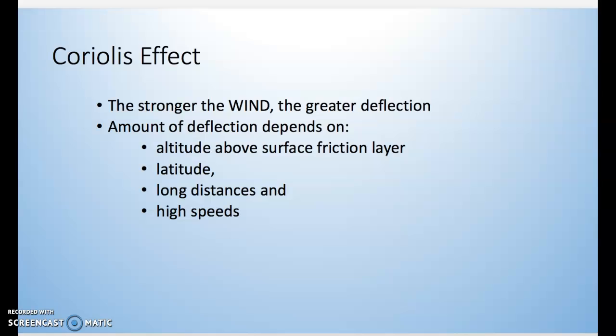But as you know, and as you can go through in the other videos on Coriolis, the equator spins faster than the poles. So as you move toward the poles, you're going to see a greater deflection as you move toward the slower areas and the slower rotations.